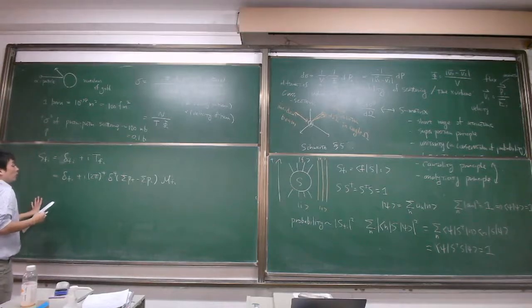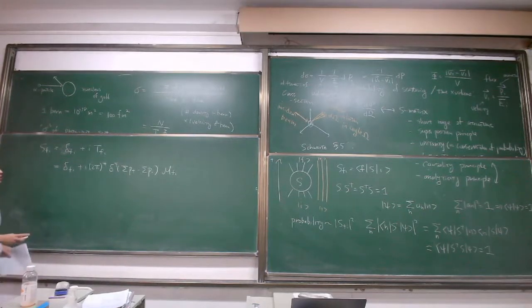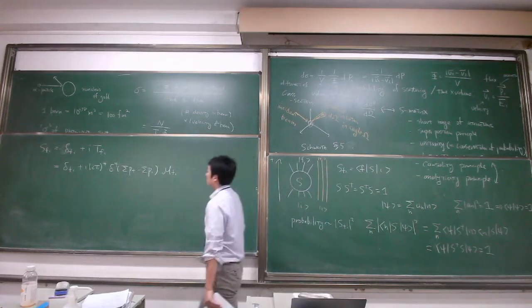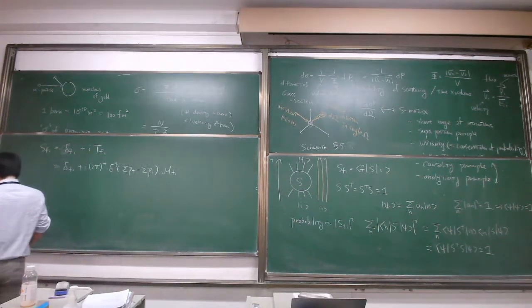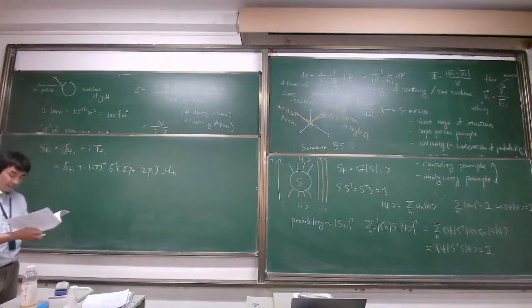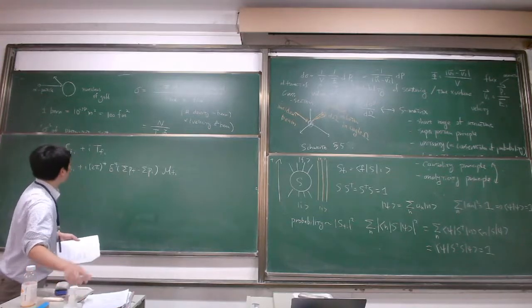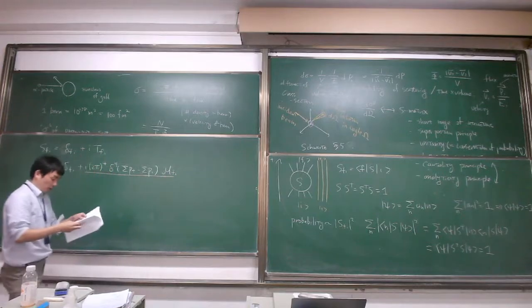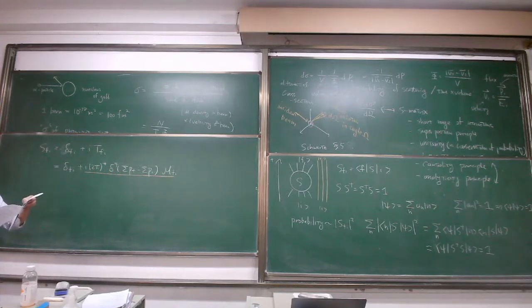We would like to square it. So the probability is this S_FI squared. And then we would like to focus on only this part. Instead of S_FI, I think I should change my lecture note.